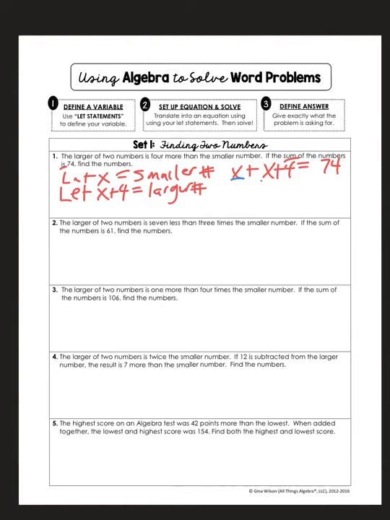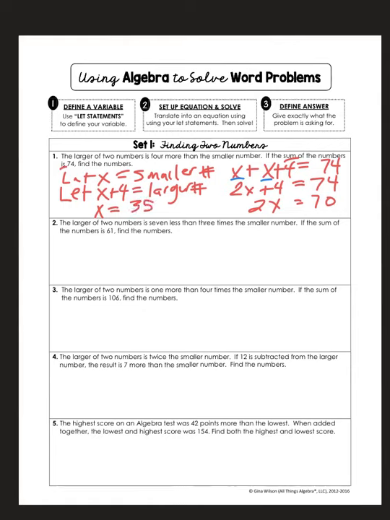We can combine like terms. x plus x is 2x plus 4 equals 74. We can subtract 4 from both sides, and we get 2x equals 70. And if we divide by 2, we get x equals 35.